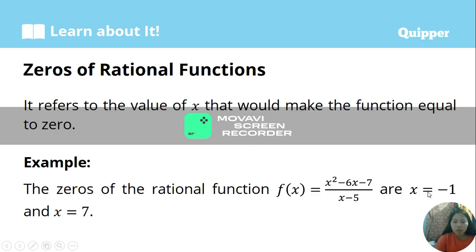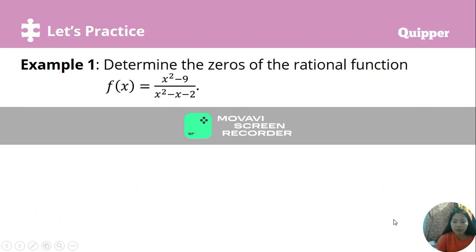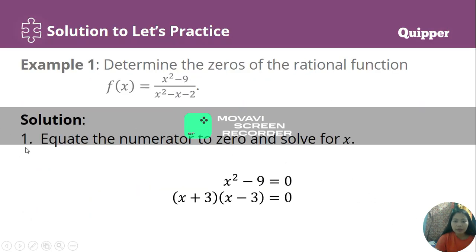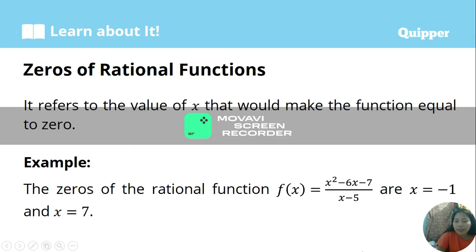Because if we substitute x equals negative 1 and x equals 7, remember this is a trinomial, so we can factor it. The factored form of x squared minus 6x plus 7: since our middle term is negative 6x, our factored form is x plus 7 times x minus 1.